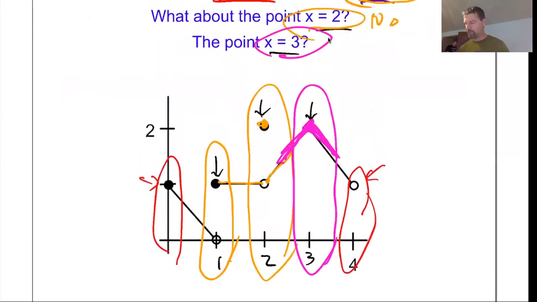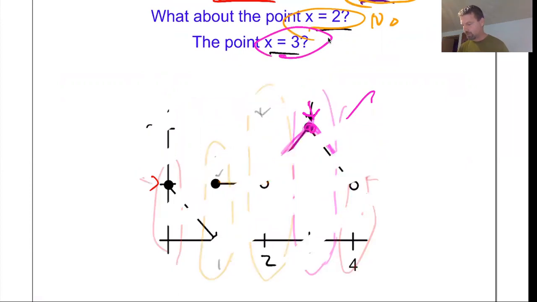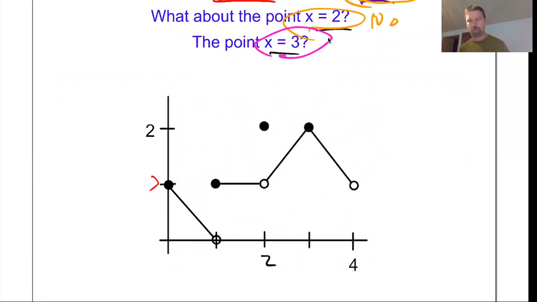In this example, we were continuous at x equals 3 because the limit was approaching this value right there, which is a value of 2. And if I plugged a 3 in, I got a 2 out. It was the same for both of those. That's why x equals 3 was the only point where I was continuous. If you want it written down, there you go.